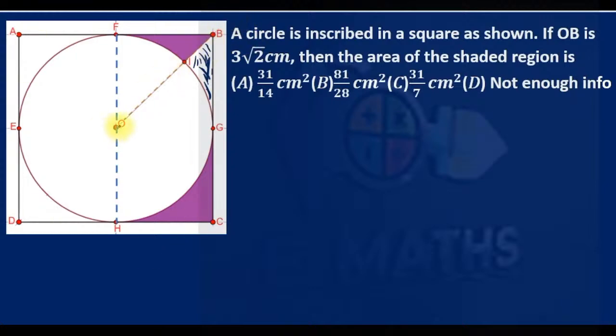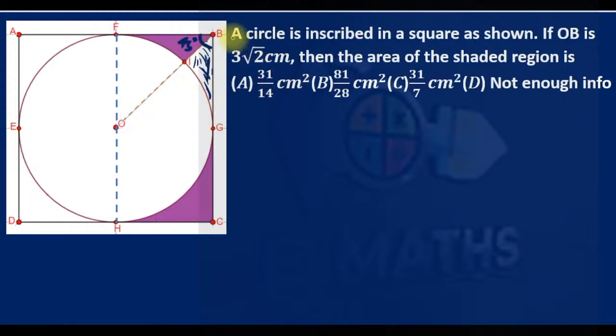So you see that this line OB is an angle bisector, because it passes through the center of the circle and from the vertex of the square. So this angle is 45 degrees, and here is also 45.